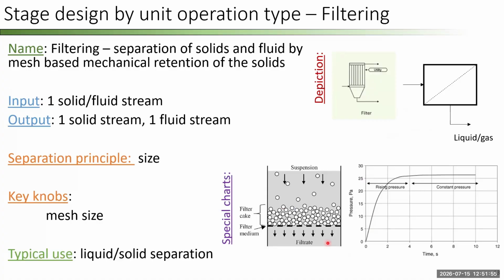Somewhat similarly to sieving is filtering. So filtering is again going to be a separation of solids from, so now we're going to do filtering. So it's similar, but instead of trying to separate solids into two different sets, we're going to separate solids from a fluid. And by a fluid, I mean a liquid or a gas.